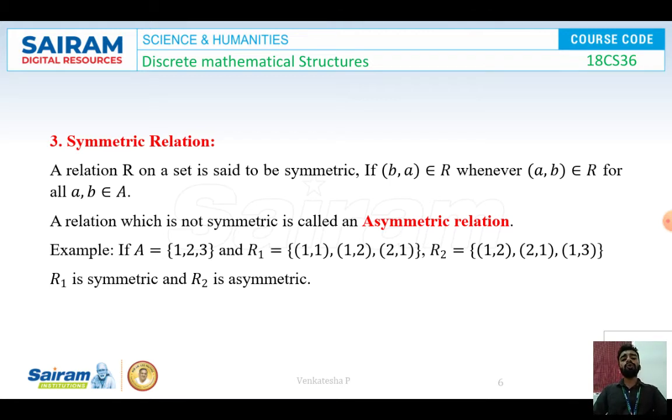In R2 we can observe that (1,2) and (2,1) are there, but note (1,3): for R2 to be symmetric we must have (3,1) also, but (3,1) is not contained in the relation R2. So R2 is an asymmetric relation. Only R1 is a symmetric relation here.